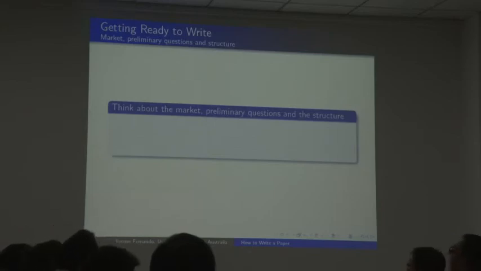Now, let's say you identified a problem, and you have solved this problem. Now you need to write it because you need to tell others your solution. So you need to get ready to write. When you are ready to write, we need to think about the market, who we are writing to.